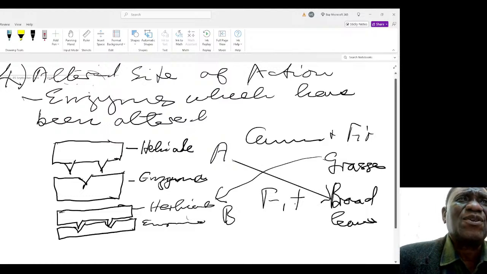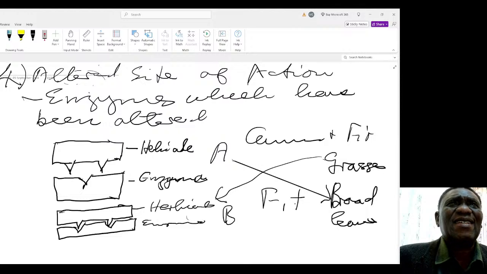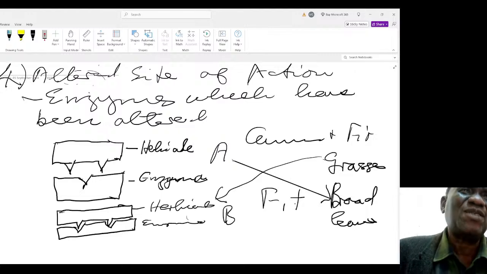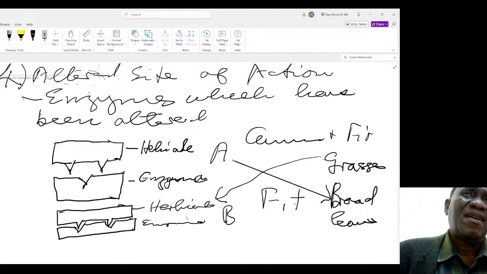But in broadleaves, the herbicide enzyme combination is not possible, so the broadleaf crops or plants are going to survive. In most crops like groundnuts, soybean, we can use grass killers. And this is the principle of the selectivity.